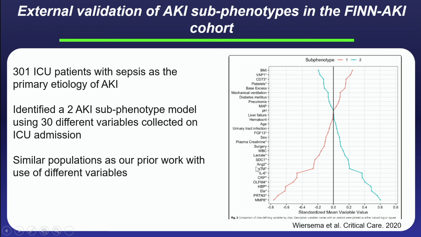But many of these were different, including metalloproteinases and other circulating biomarkers. And interestingly, they also found a 2 subphenotype model best differentiated the patient population. But I think one thing to highlight from this is that no one variable seemed to predict class assignment. And so arguing that potentially there could be a few different ways to identify these two subphenotypes.